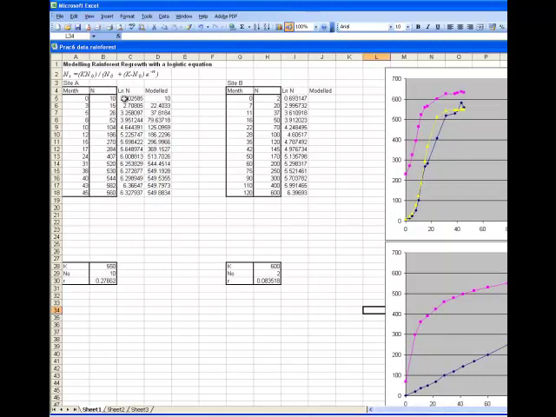And we can take this equation, copy it over here. We just need to then check that it's making reference to the correct parameters, which it is, because we only fixed the row number, so as we move the equation across, all the column numbers updated, and so we can just copy that straight across.